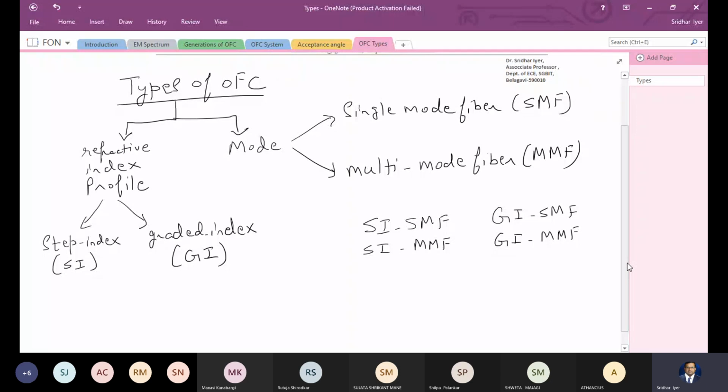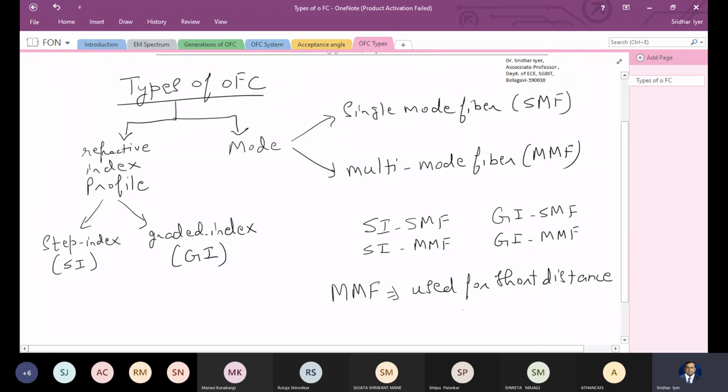So before we go into the details, in terms of modes, multi-mode fiber is used for short distance. So this distance could be somewhere between 500 meters to about 1 kilometer. Not more than that. Okay.